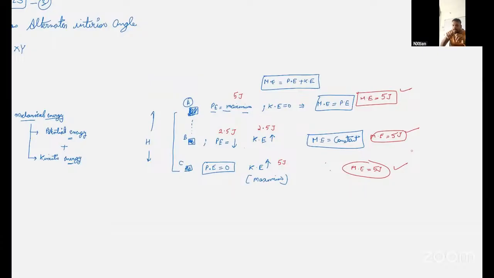You are holding the arrow and pulling it like this. Right now the arrow has some energy because you are doing some work. At rest, it has a lot of energy, and it is called potential energy.